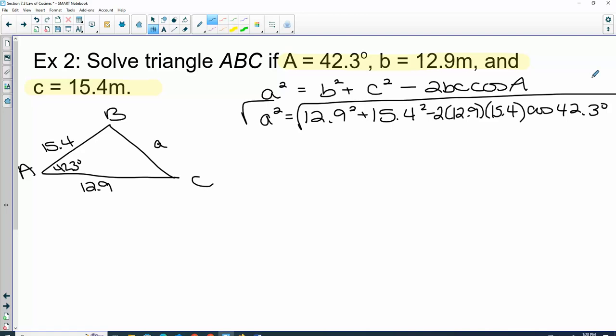Do that, we get side A to be 10.47 meters.